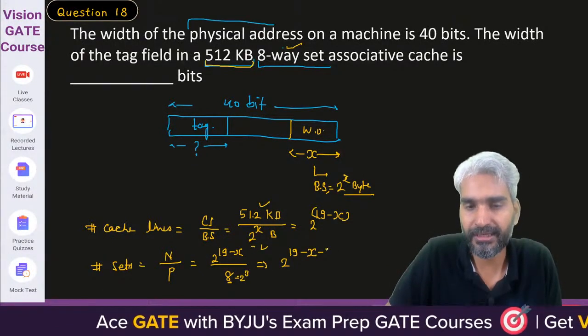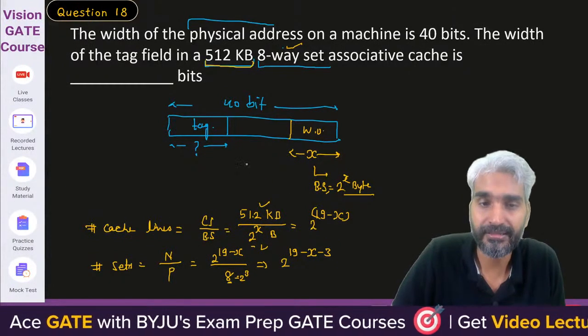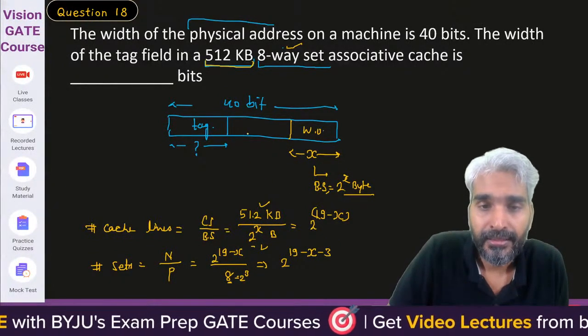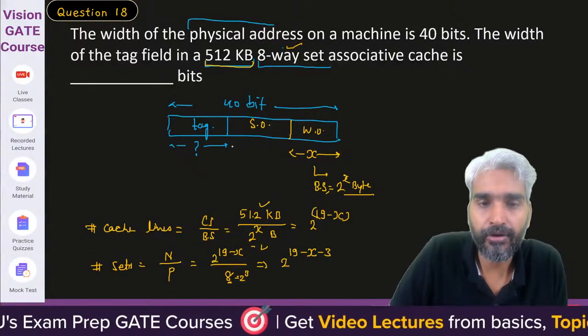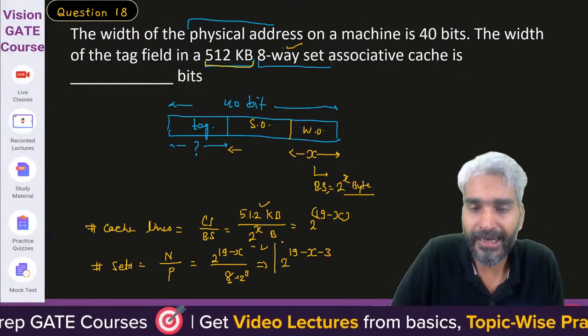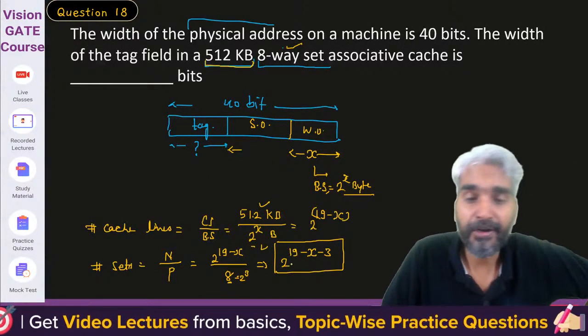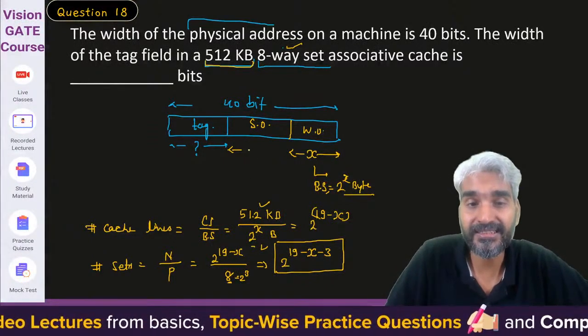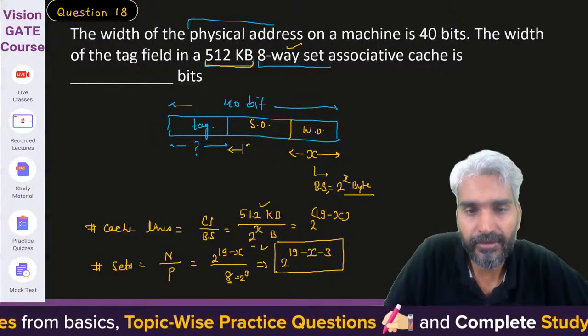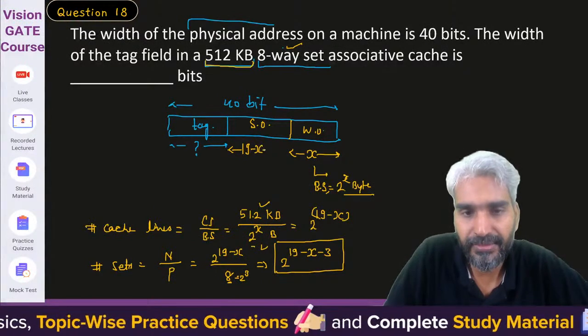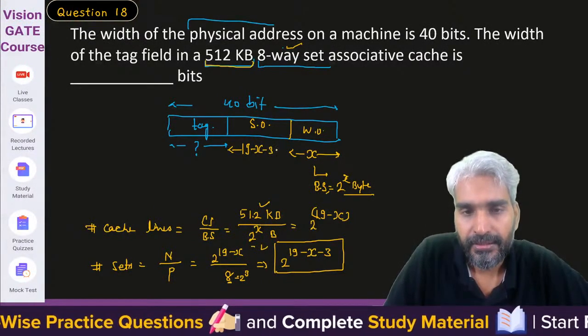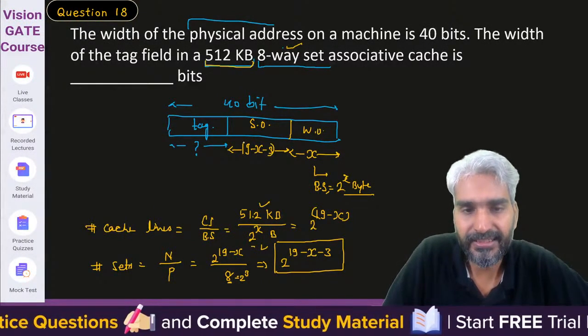So this 3 will also get subtracted. So the number of bits in the set offset will be 19 minus X minus 3, if there are 2 raised to the power 19 minus X minus 3 sets.